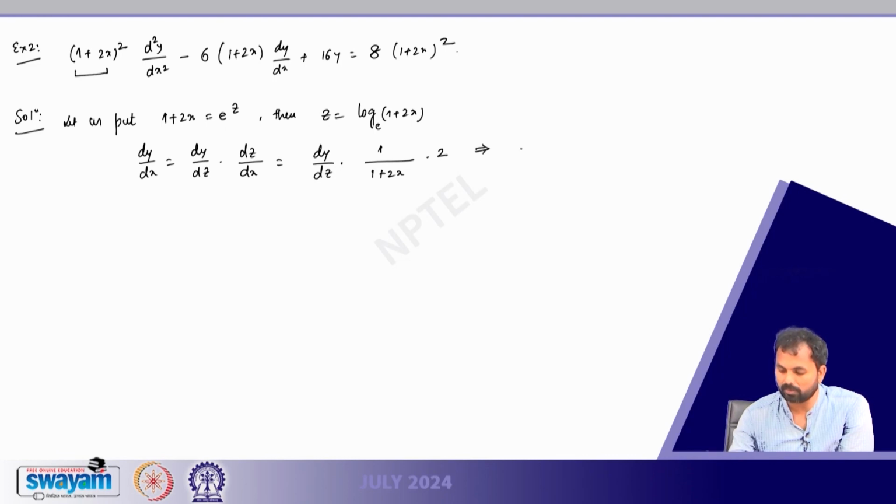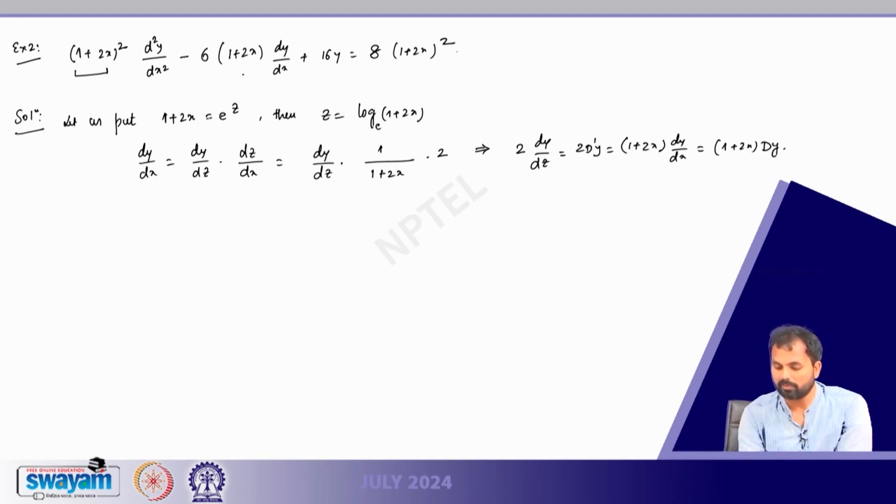So that means 2 dy/dz, that means 2D'y, equals (1 plus 2x) into dy/dx, or you can write in short (1 plus 2x) into Dy. So at least we know this can be replaced by this.